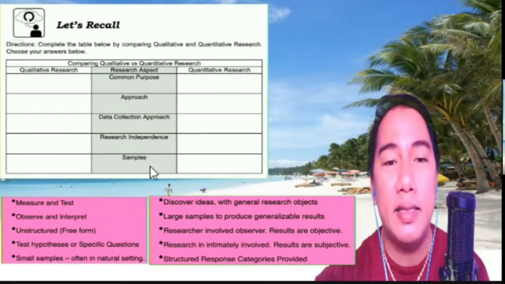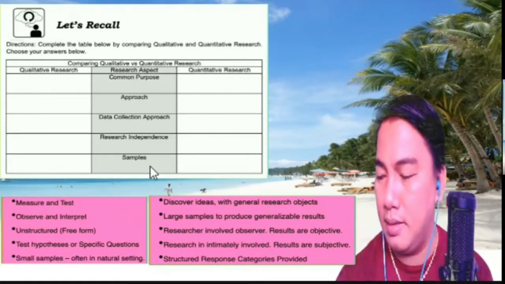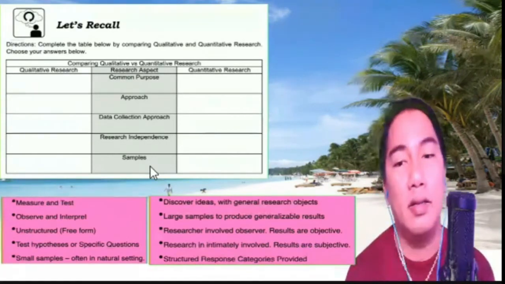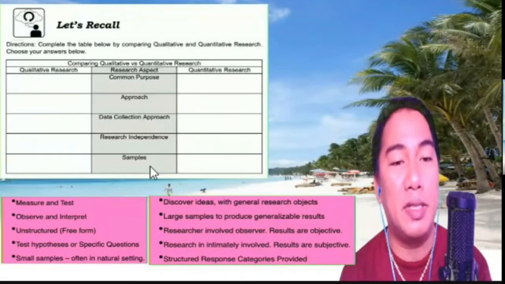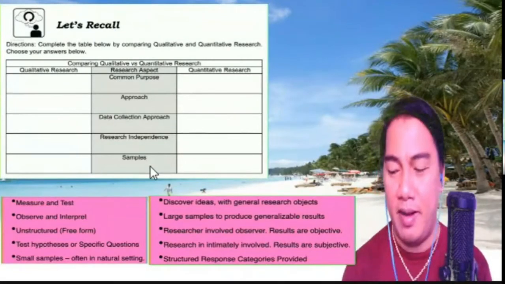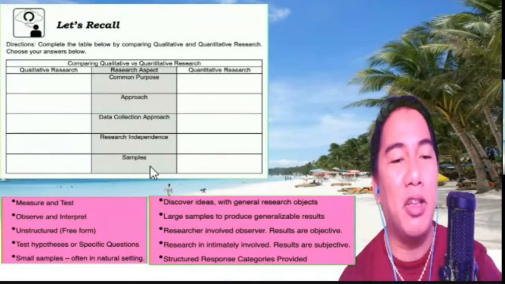Common purpose, sir. Very good. That is the common purpose, to measure and test. Very good. Okay, how about observe and interpret?